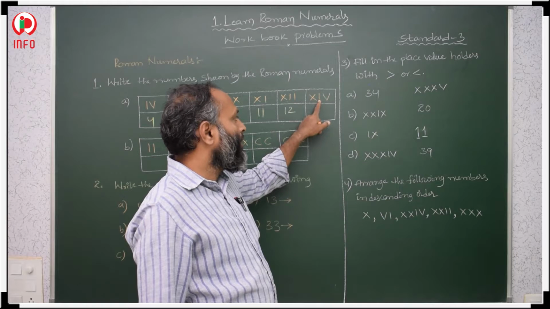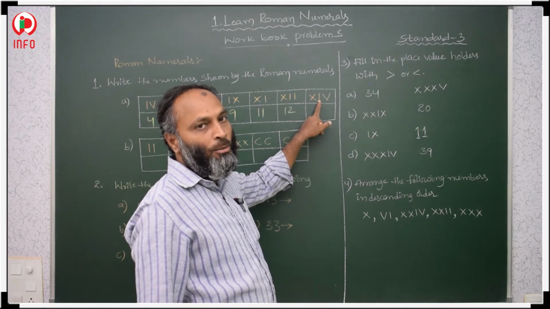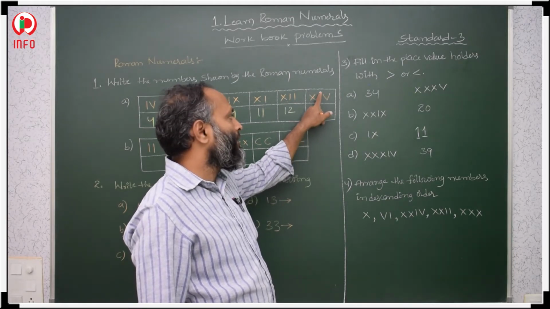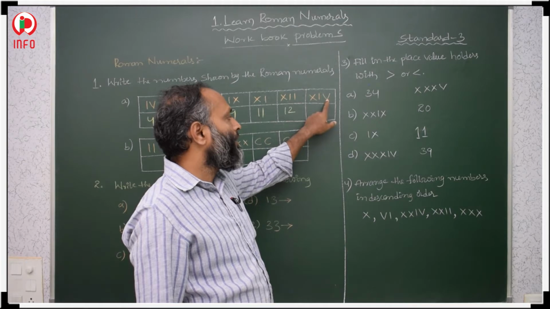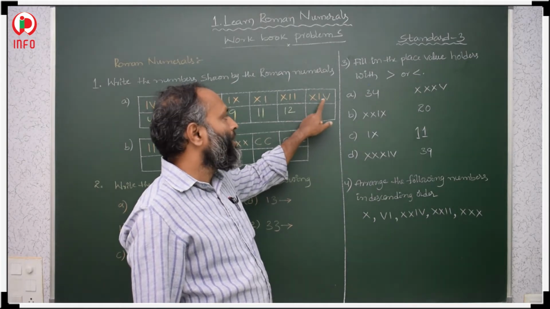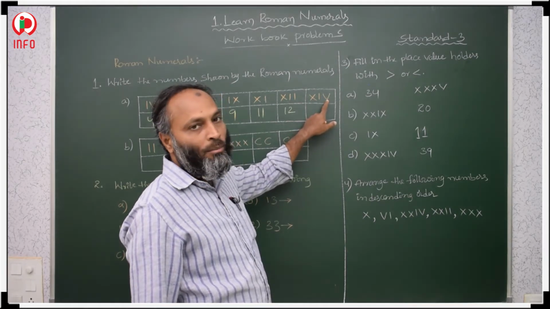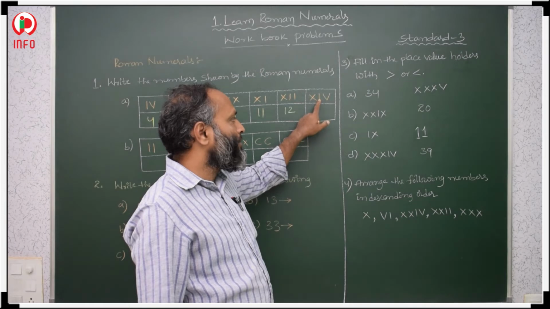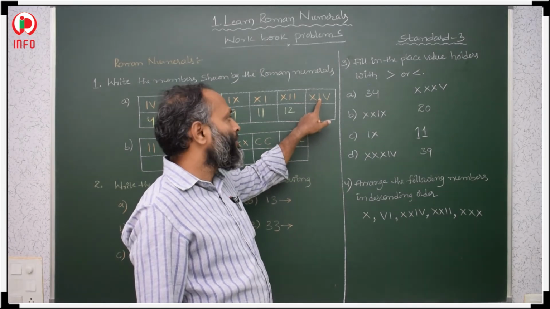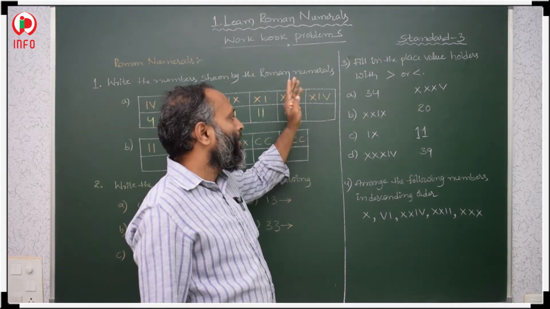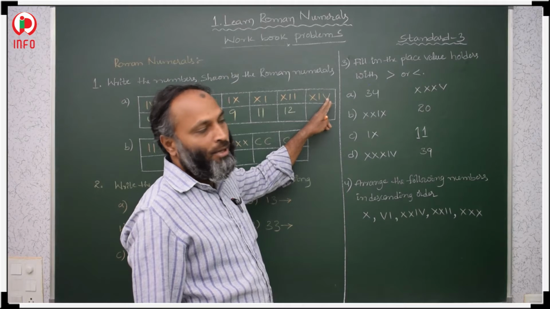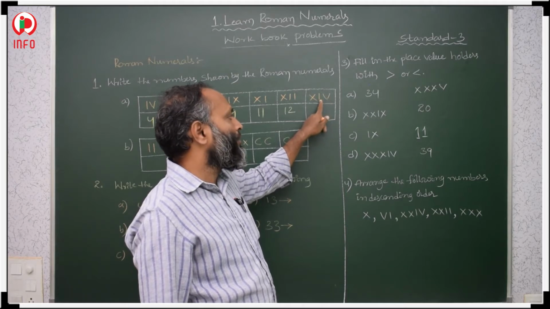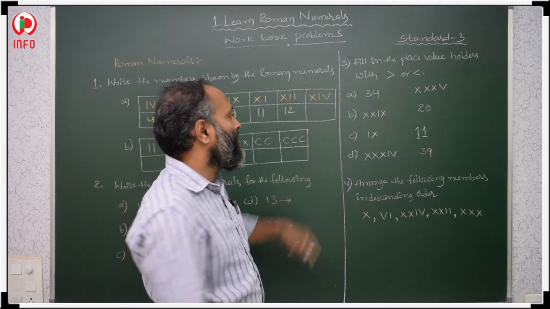This is a smaller Roman numeral on the left side of a bigger Roman numeral, so we count this one, not this one. The smaller Roman numeral is on the left side of the bigger one, so 5 minus 1 is 4. This is 10, and 10 plus 4 is 14.